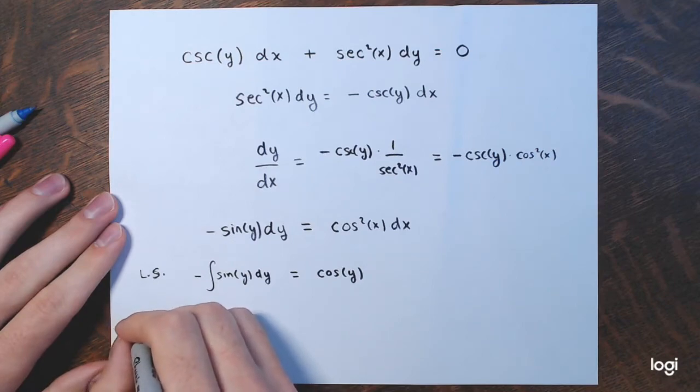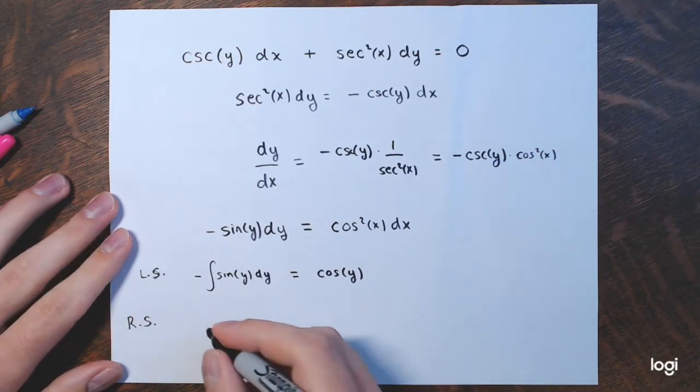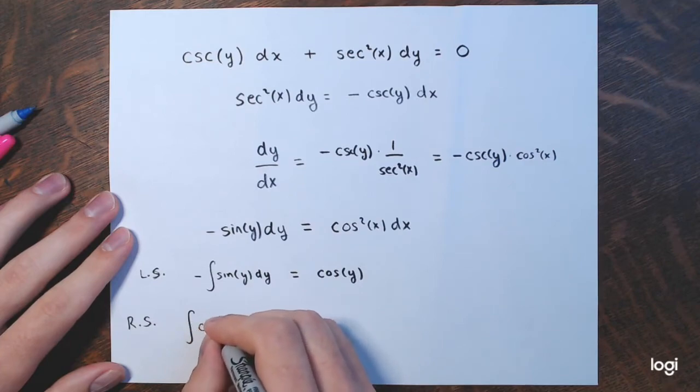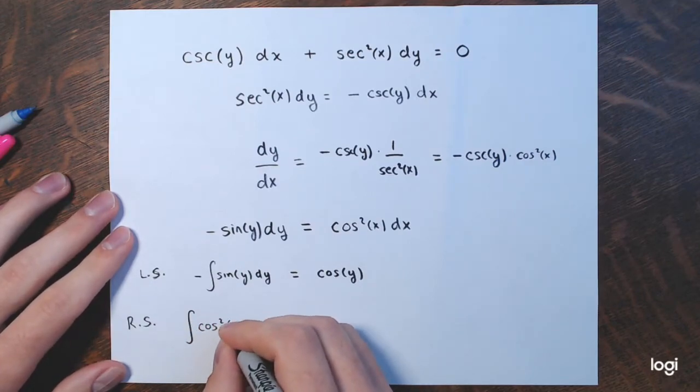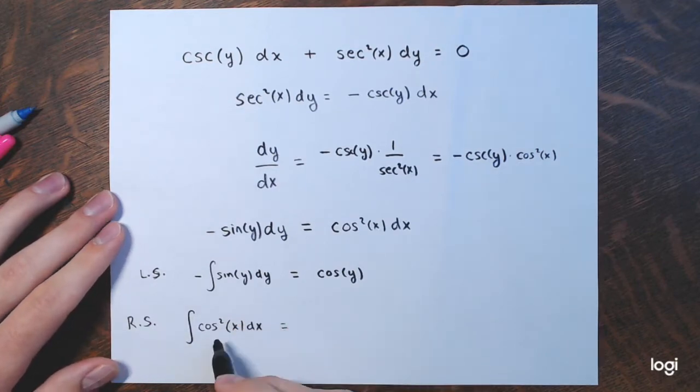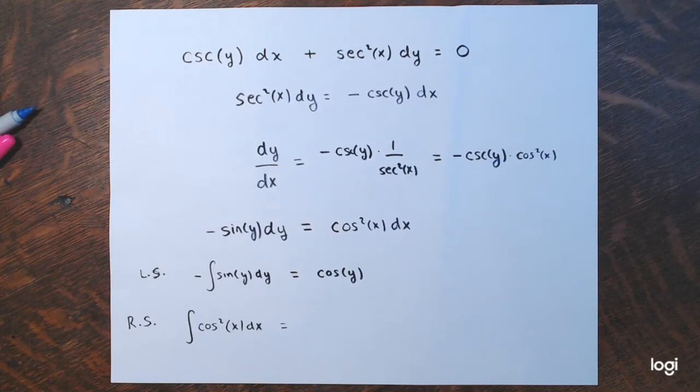Now the right side is going to be a little more involved. The integral of cosine squared of x with respect to x. So hopefully you remember. There's a lot of stuff I'm saying you got to remember. I know. A lot of remembering all of your integration techniques and also trig identities.